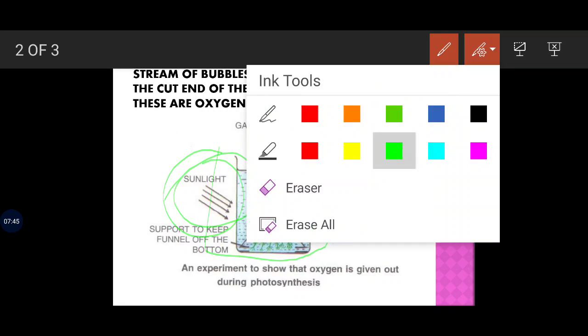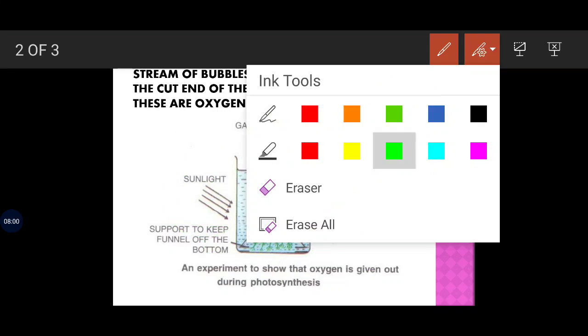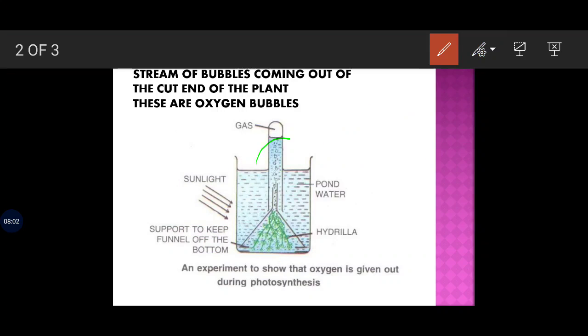Got it? So as I have told you, the liberation of any gas in a liquid or fluid medium is easier to see, because when a gas is liberated into a liquid medium, bubbles form. So these bubbles are the O2 bubbles.